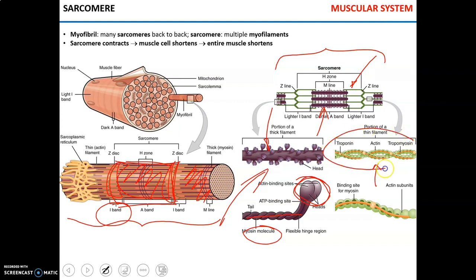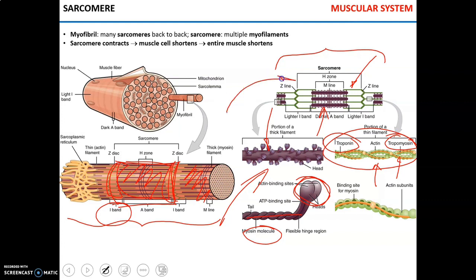Actin in this thin filament is bound to a protein tropomyosin. Tropomyosin essentially regulates whether or not actin can bind to myosin, and protein troponin in turn exerts control over tropomyosin. And we'll get back to this soon.